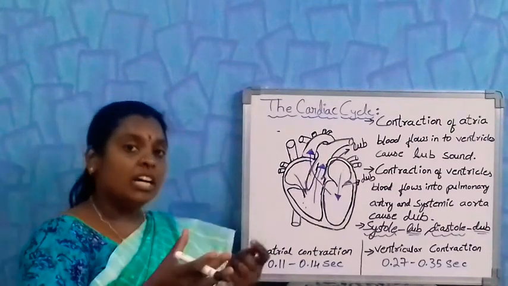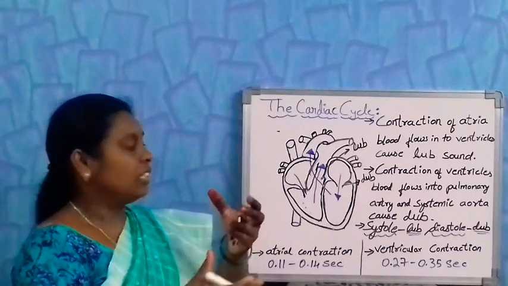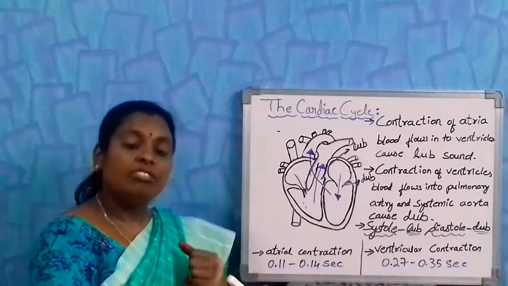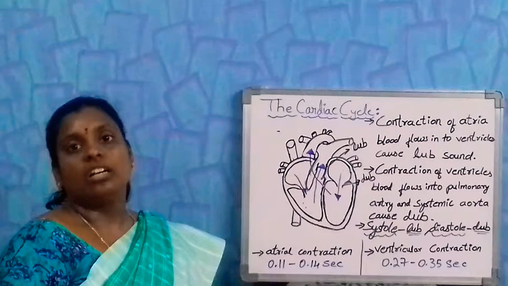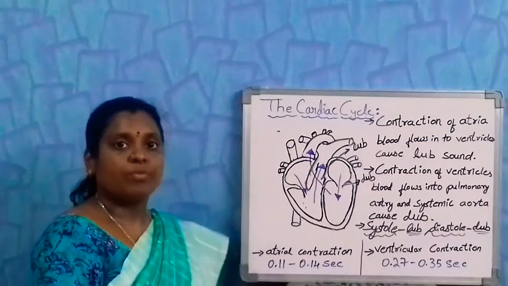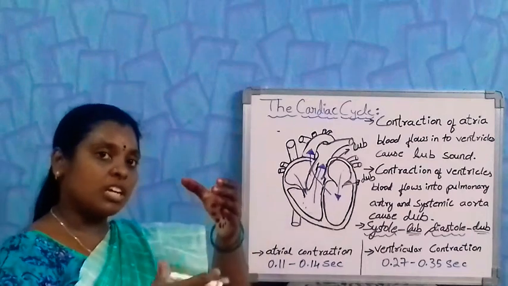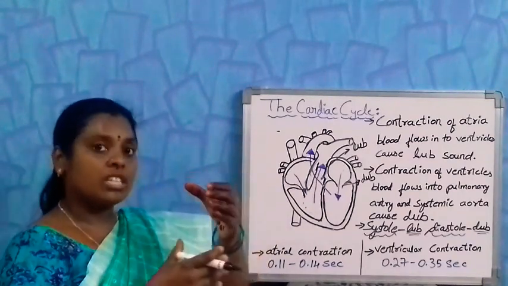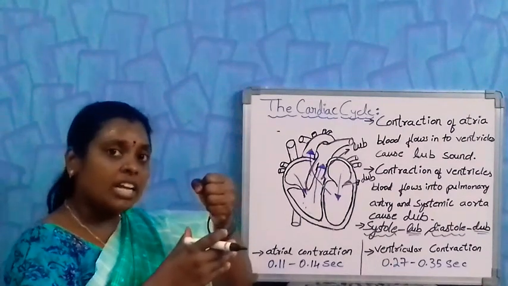So when the atria contract, the ventricles are in the relaxed state. When the ventricles are in the contracted state, the auricles are relaxed. See, suppose these are the auricles and these are the ventricles: when the auricles are contracted, the ventricles are relaxed. When the auricles are contracting, the blood present in the auricles enters into the ventricles.